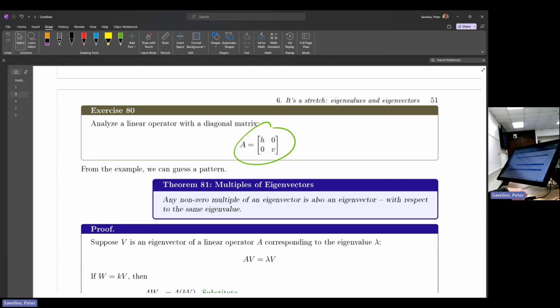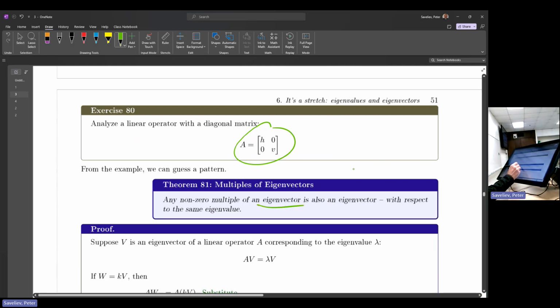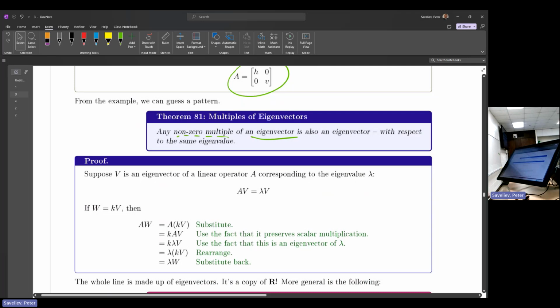If you have an eigenvector and you take its non-zero multiples, it's also an eigenvector, and it happens to have the same eigenvalue. It's very easy to see if you just do some algebra with these operations. So if the eigenvector b is given, I multiply by k, apply A to that vector, and end up proving that once again it is nothing but stretched by lambda.